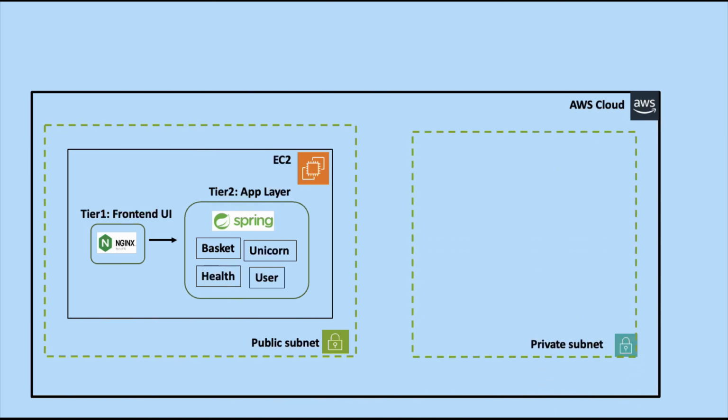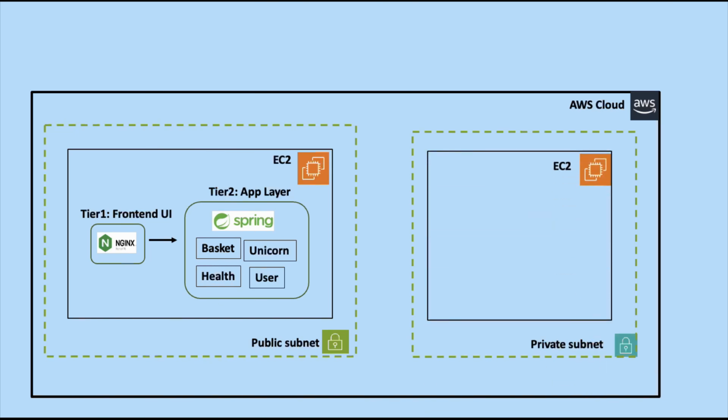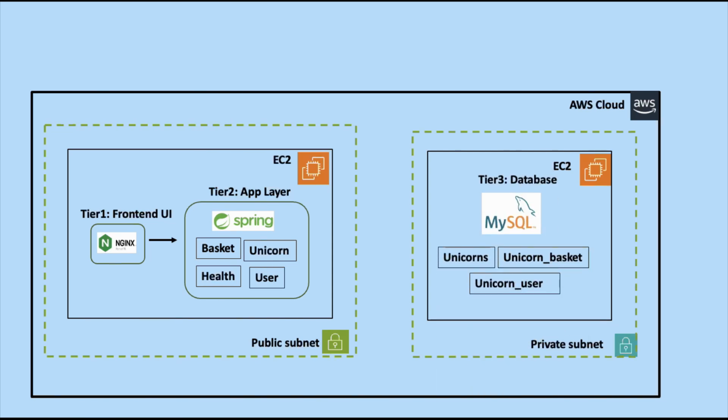Then we have a private subnet, or we can have a dedicated database subnet also created in the AWS infrastructure, and this is where we'll be deploying an EC2 machine to deploy the MySQL database server. Okay, and they can talk to each other because they are in the same VPC through the private IPs. So this is how a typical lift and shift operation looks like, and we will now go into the code and see how this is codified.